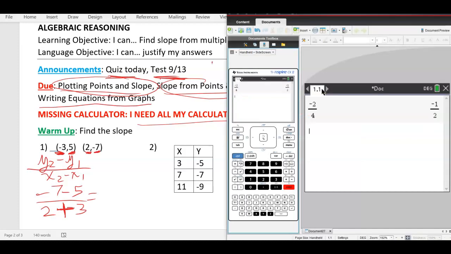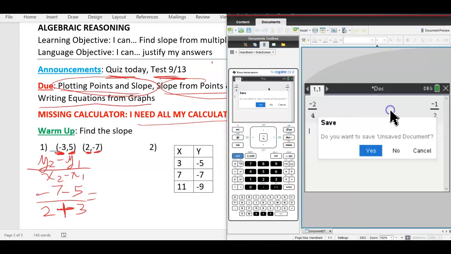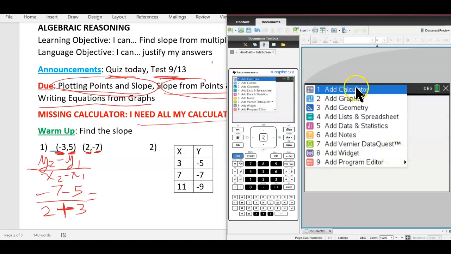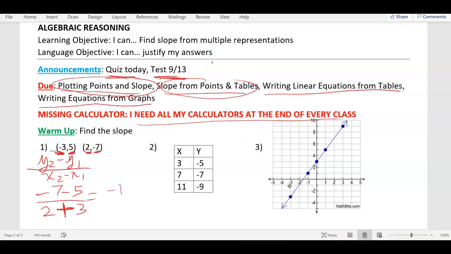And as a reminder, with your calculator, if you press the on button and you go to new on the top right, do not save, and press 1 for a calculator, you can type this stuff in. So if you're ever not sure, -7 minus 5, we get -12 over 2 plus 3 is 5.